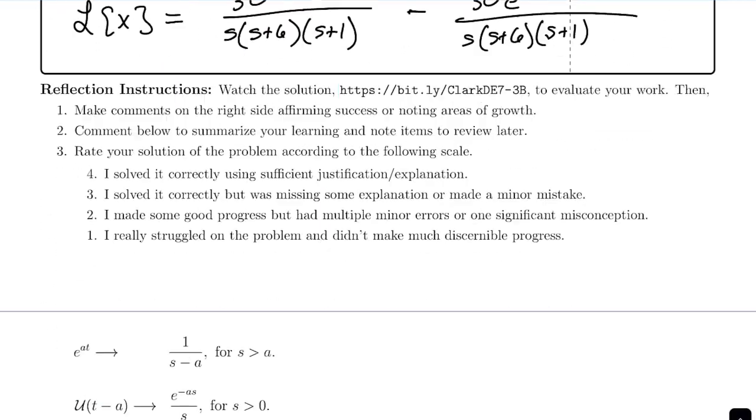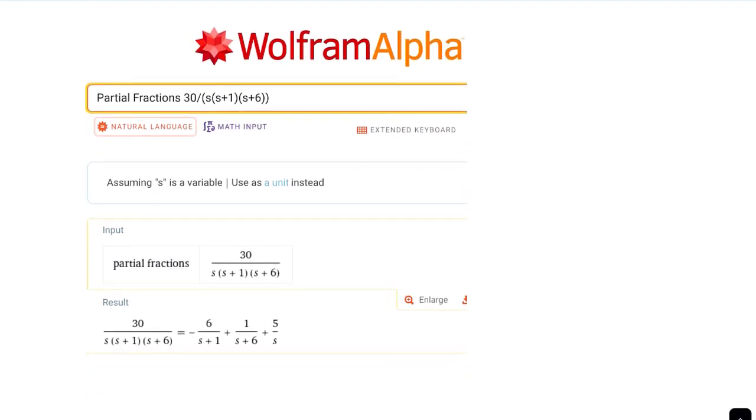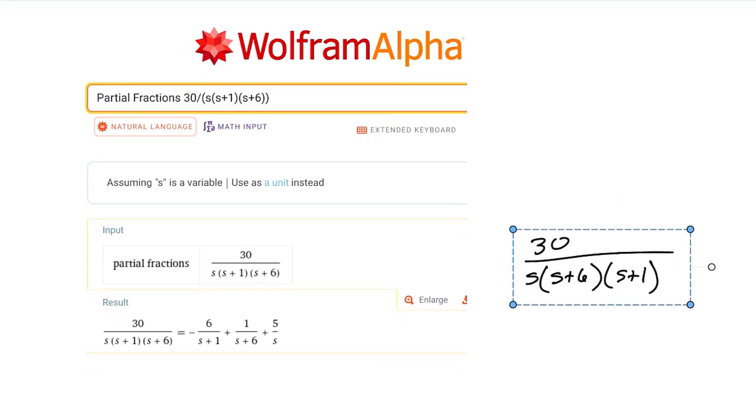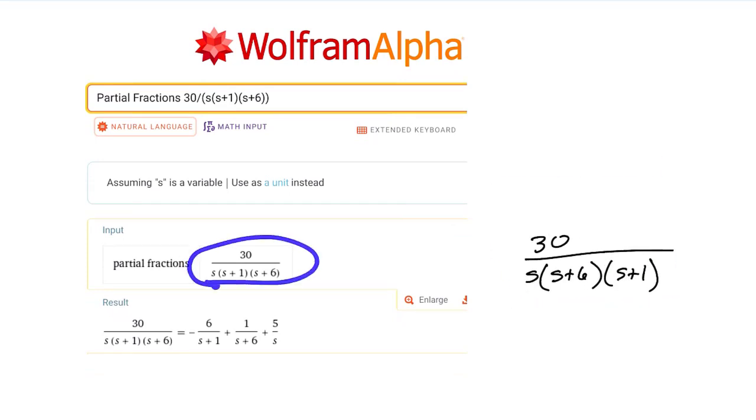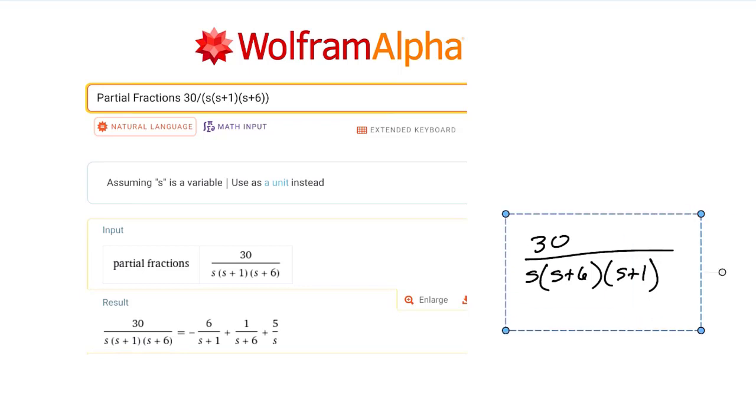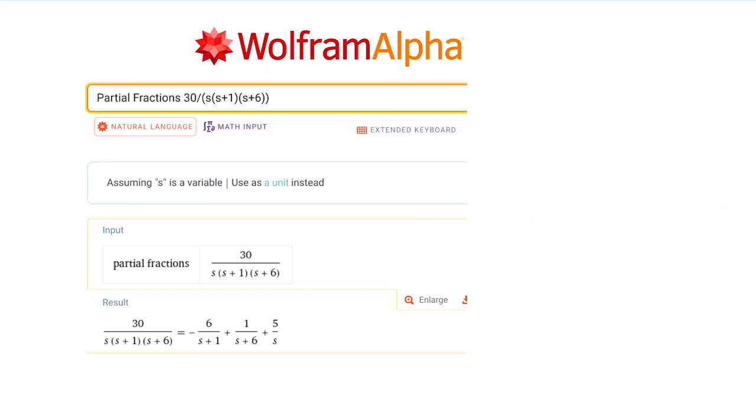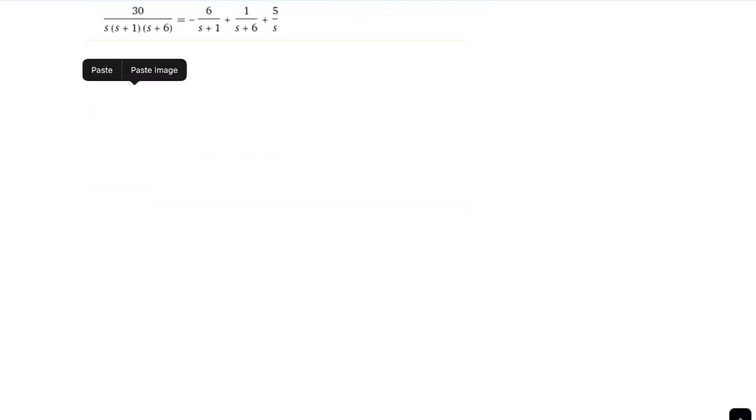One way to do partial fractions is to just go to Wolfram Alpha and ask it to put this thing into partial fractions, and it will do it for you. Now, we can do this by hand, so let's do it by hand just to see that we can, in fact, do it by hand.